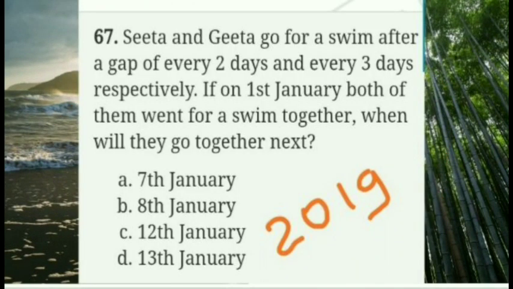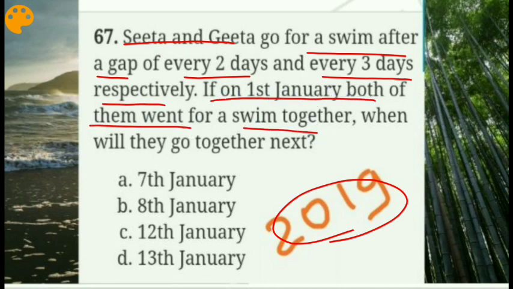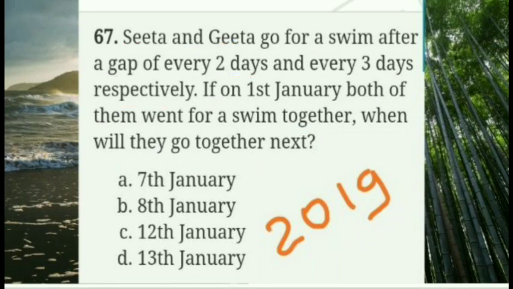Let's solve a CSAT question which was asked in Prelims 2019. Sita and Gita go for a swim after a gap of every 2 days and every 3 days respectively. If on 1st January both of them went for a swim together, when will they go together next? Let's solve it like this. Suppose 1st January is mentioned.